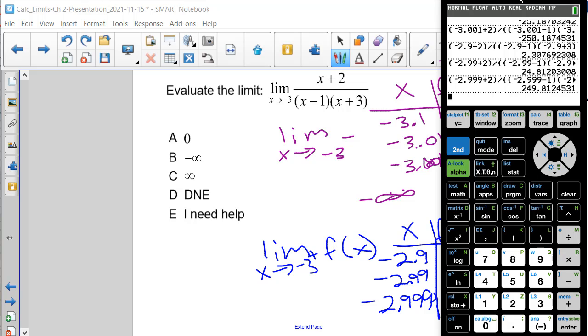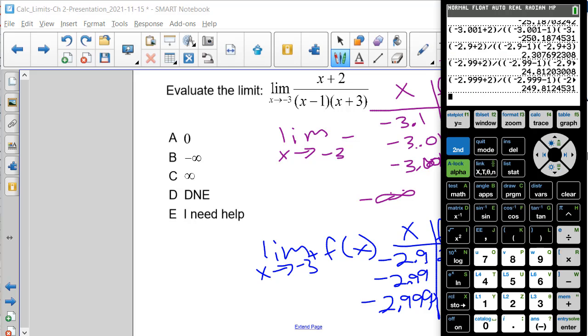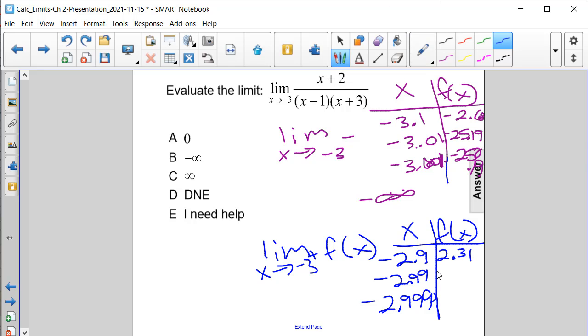What we can see is when we substitute negative 2.9 into our function, we end up getting positive 2.31 about. And then if we do negative 2.99, when we substitute that value in, we get about positive 24.81.